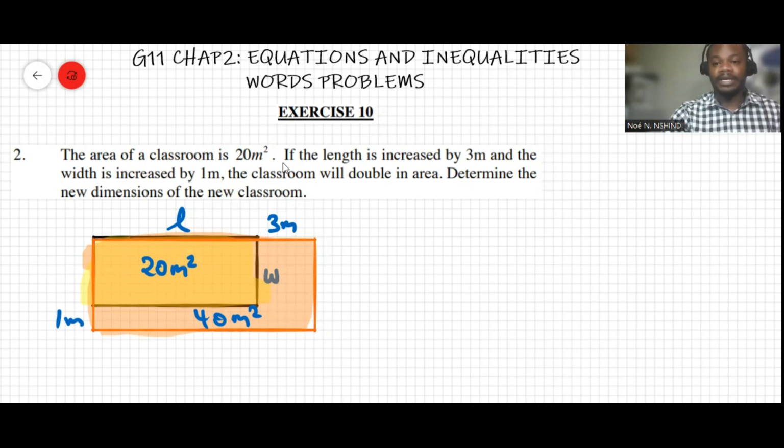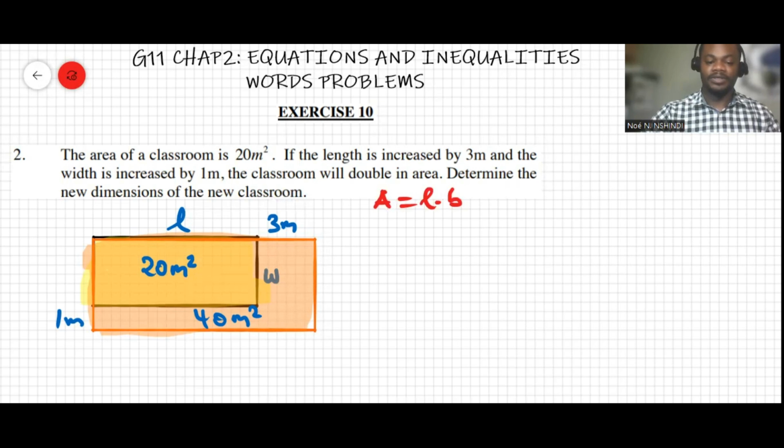Sometimes in class, let's read the question a little bit more than one time. If the length is increased by 3, it was L, now it becomes L plus 3. The width is increased by 1 meter, which means if it was W, now it becomes W plus 1. The area of a rectangle is length times breadth.